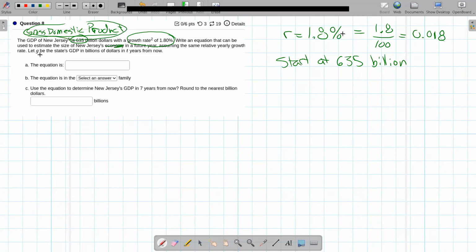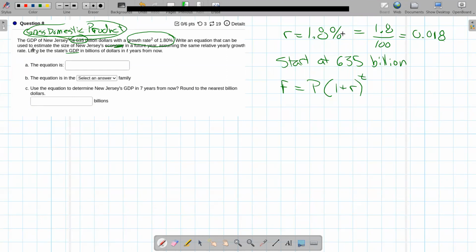G is the GDP, so that's what I'm trying to calculate in T years from now. This is a lot like interest rate growth, and our formula for that was the future value for yearly growth was equal to the present value times 1 plus R to the power T.